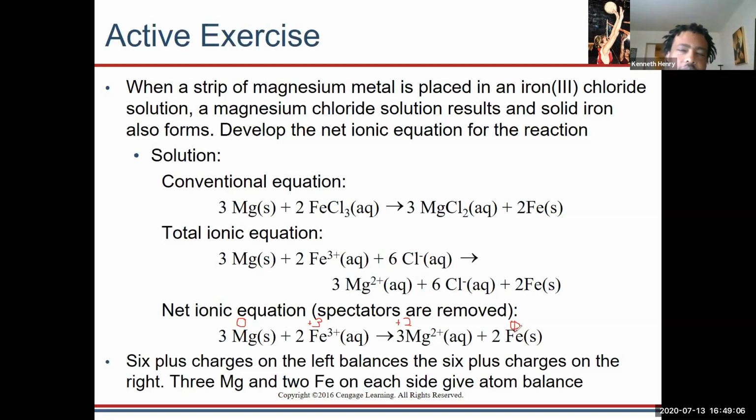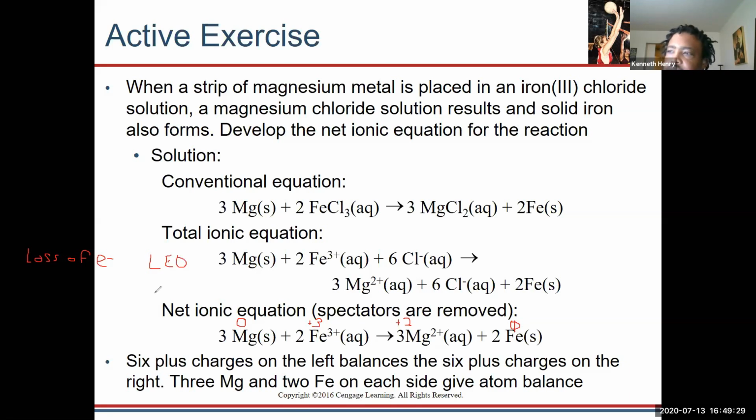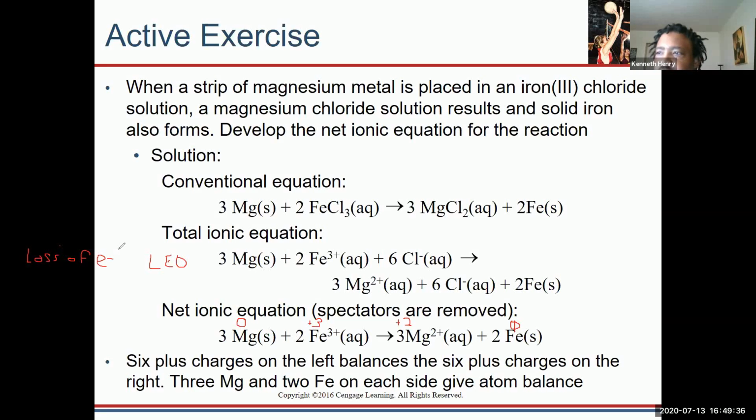Okay, so this is going to be kind of important. If we lose electrons, and I like saying LEO, so loss of electrons is going to be oxidation.